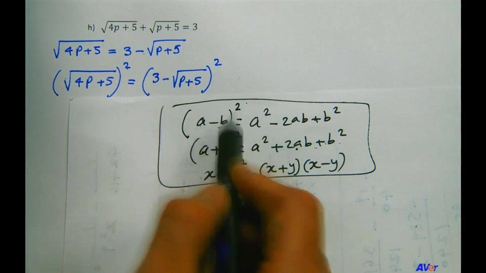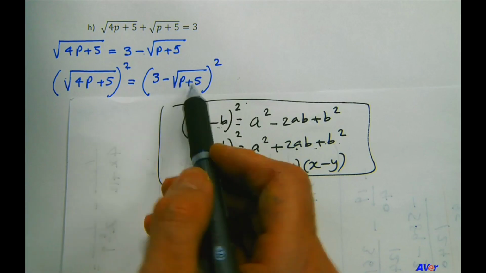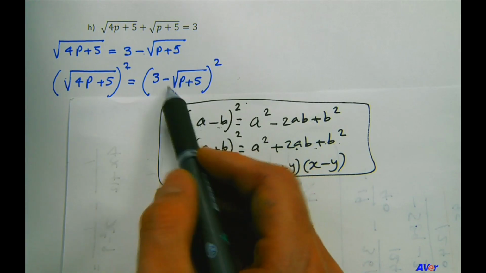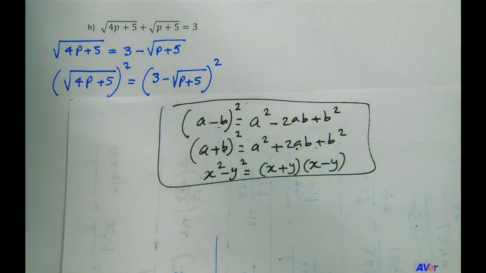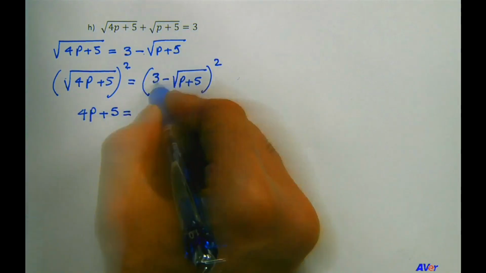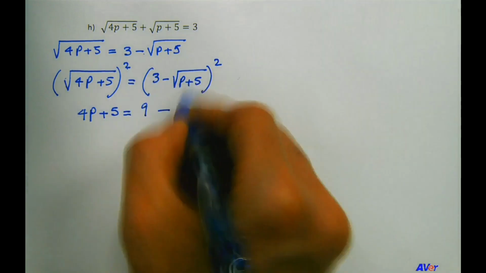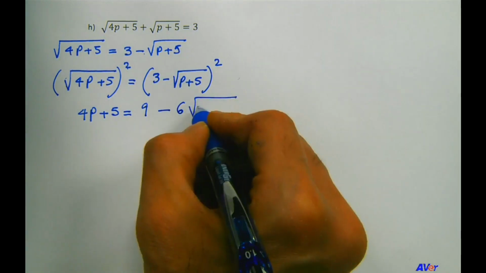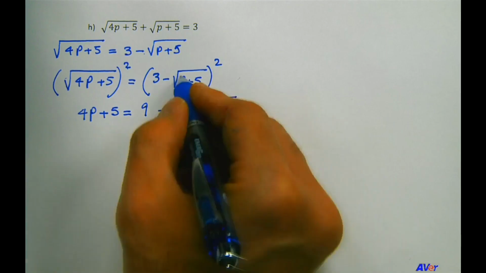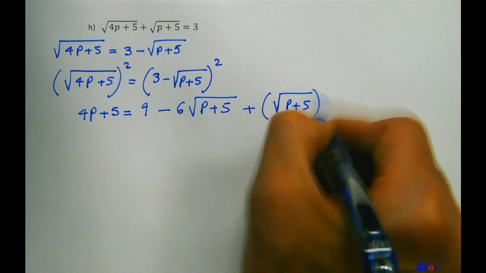If you don't remember this special product formula, expanding this will take you a little bit longer than someone who remembers it. And I'm going to apply that. So this would be 3 squared, or 9, minus 2 times 3, 6 times square root of p plus 5, plus square root of p plus 5 squared.